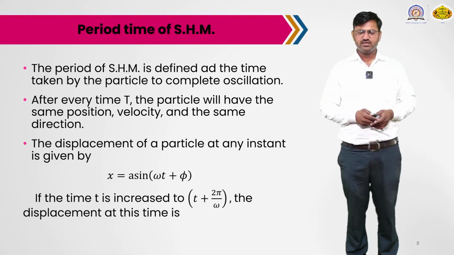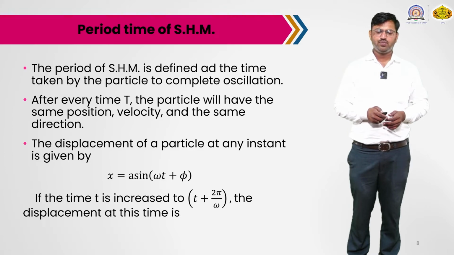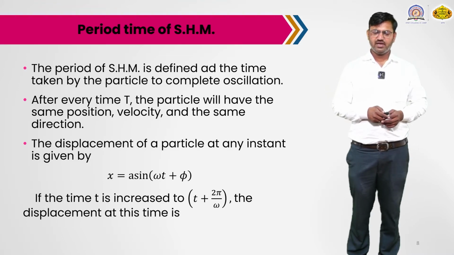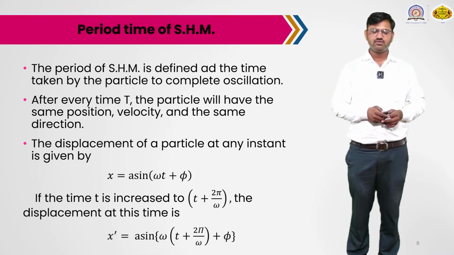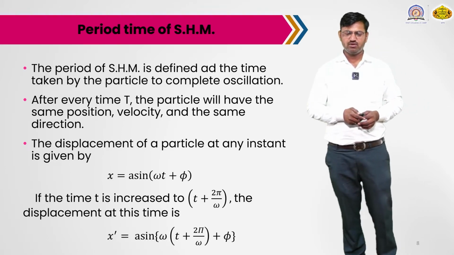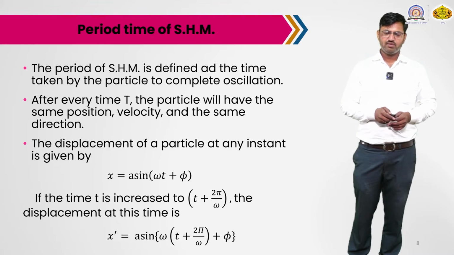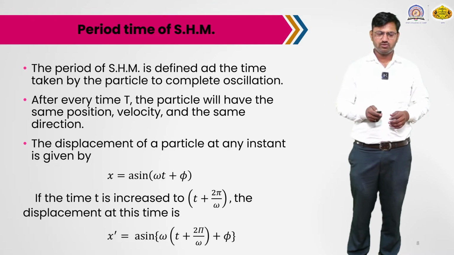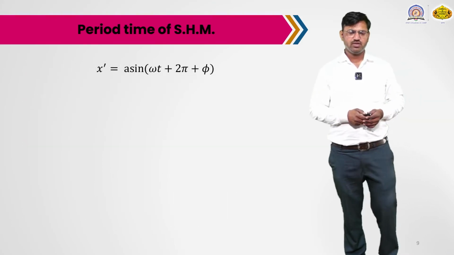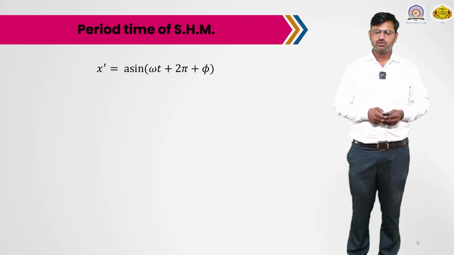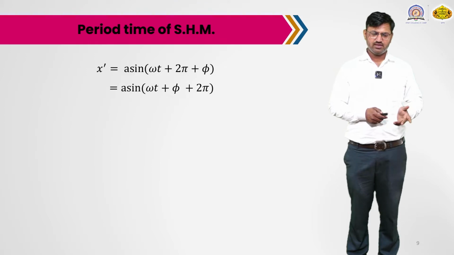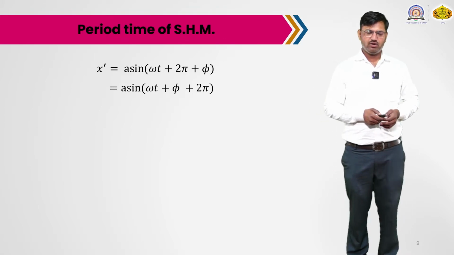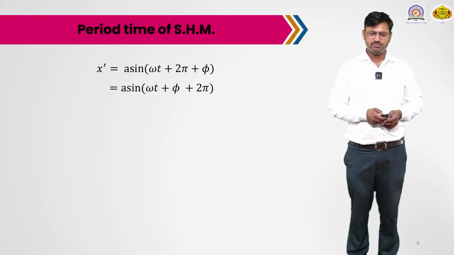If the time t is increased to t + 2π/ω, the displacement at this time, a new displacement x', is x' = a sin{ω(t + 2π/ω) + φ}. So x' = a sin(ωt + 2π + φ) = a sin(ωt + φ + 2π). We rearrange in these steps.